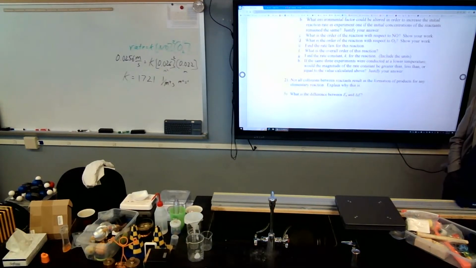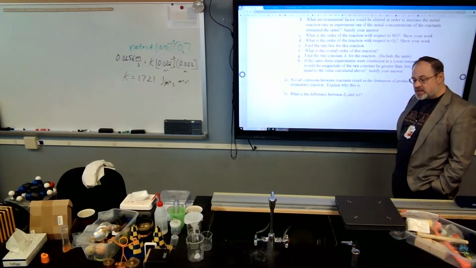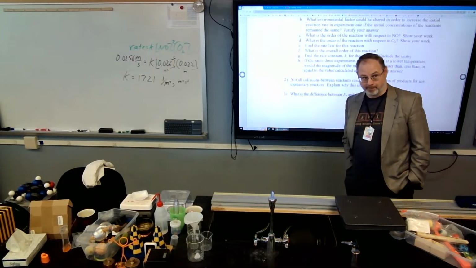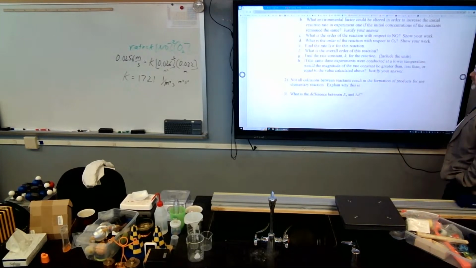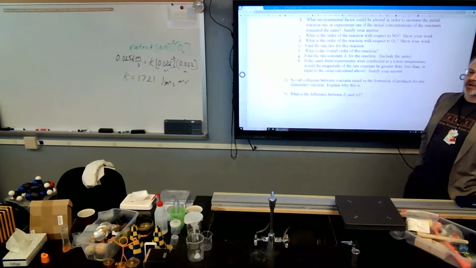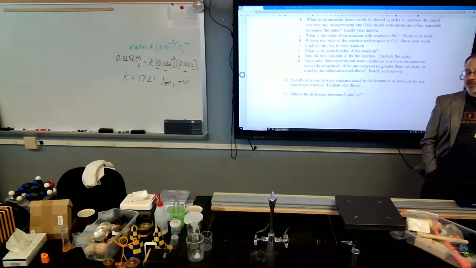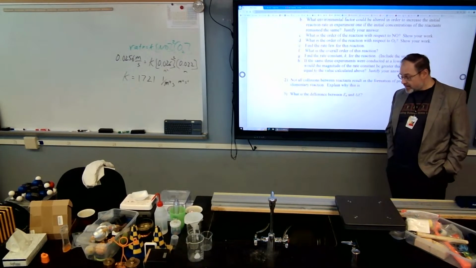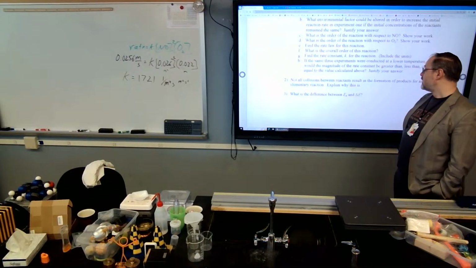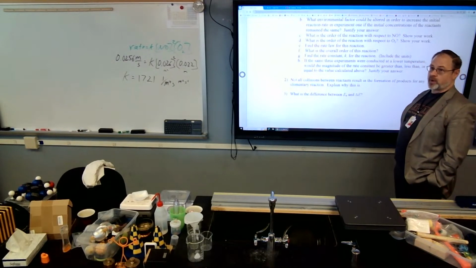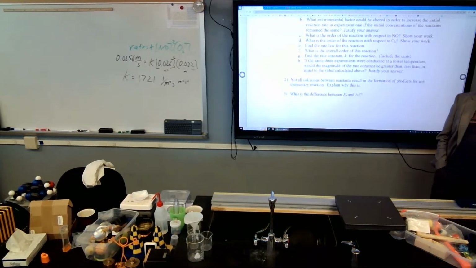Delta E is the energy of reaction: positive for an endothermic, negative for an exothermic. EA is always positive because you have to overcome that energy hump.